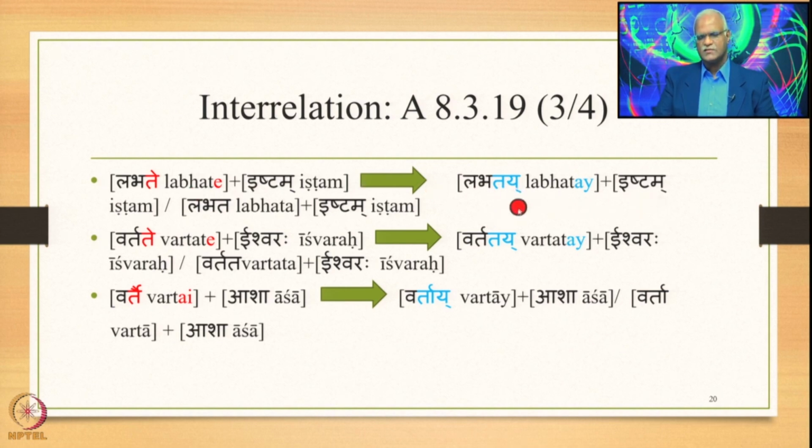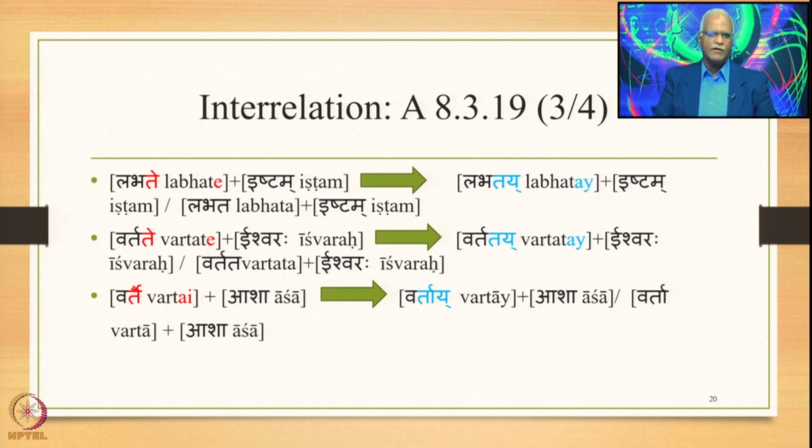Now in this case, ya comes at the end of a pada preceded by short a and followed by e, that is ash, and so this ya according to Shakalya gets optionally deleted, that is labhata ishtam, and according to Panini it is not deleted. So we have labhataya ishtam. Both these forms are generated.